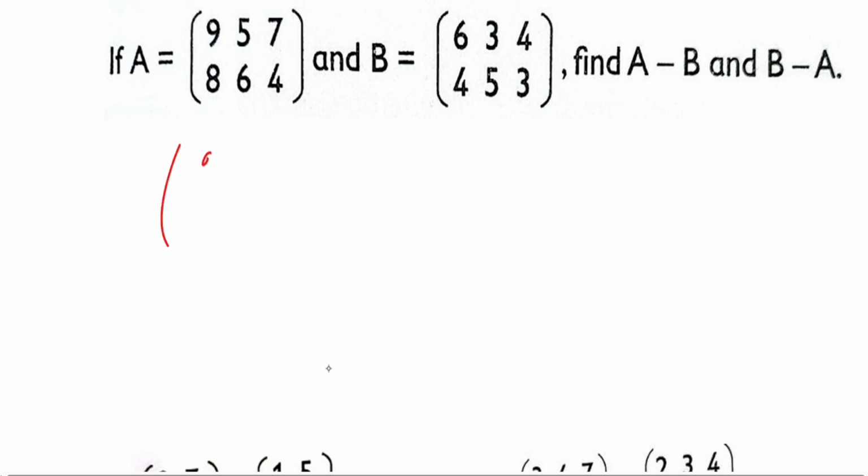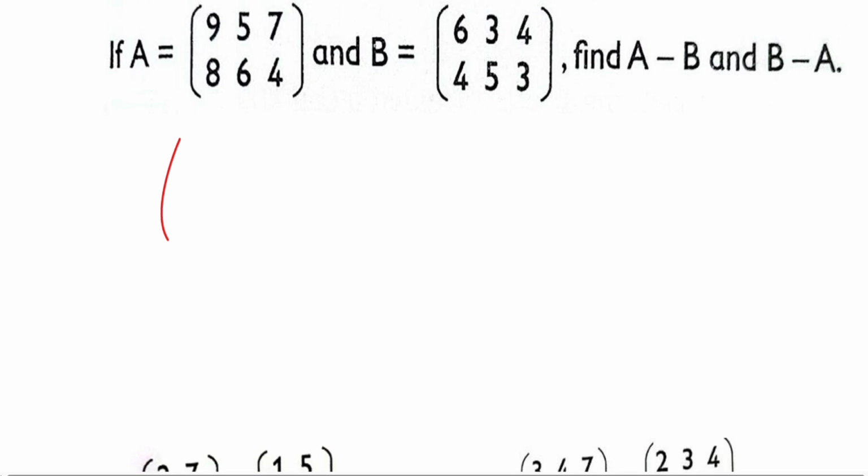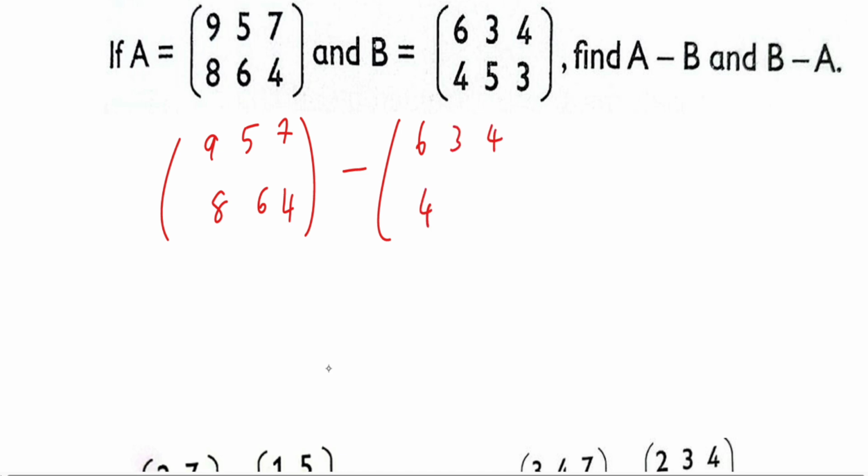We have 9, 5, 7, 8, 6, and 4, then minus b, which is 6, 3, 4, 4, 5, 3. Now let's subtract. They should be compatible for you to subtract those two. And you just do it the same way as you did with addition.